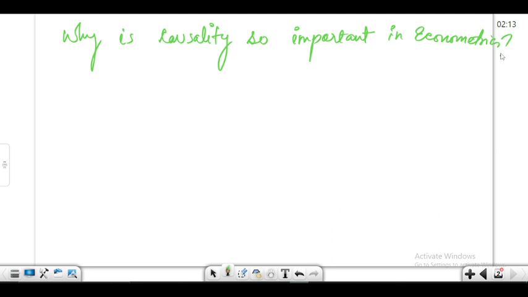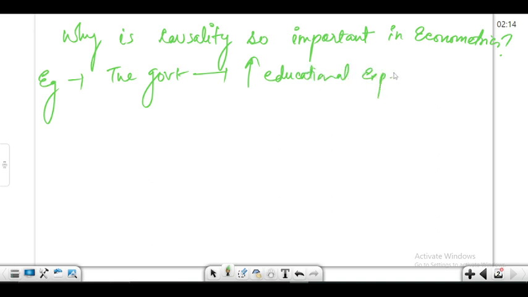Just for the sake of example, suppose the government plans to increase educational expenditure.